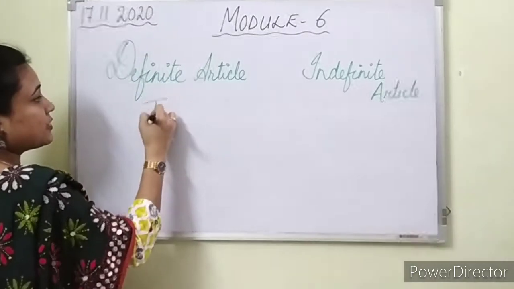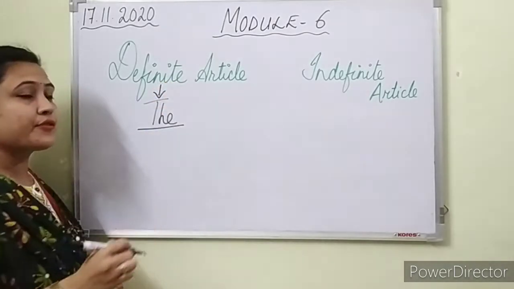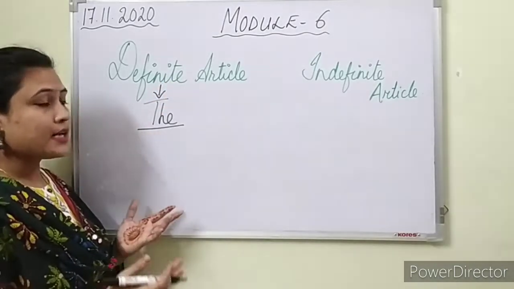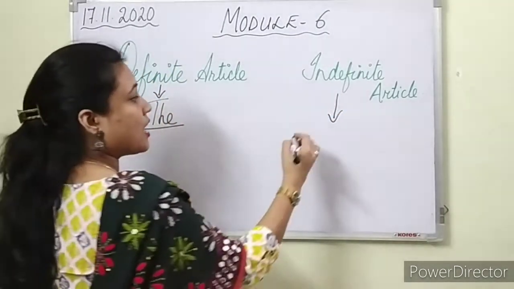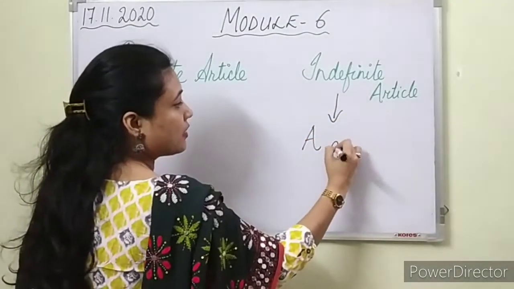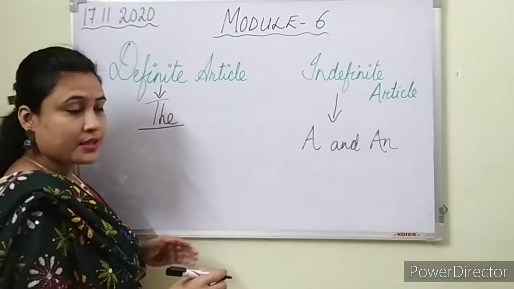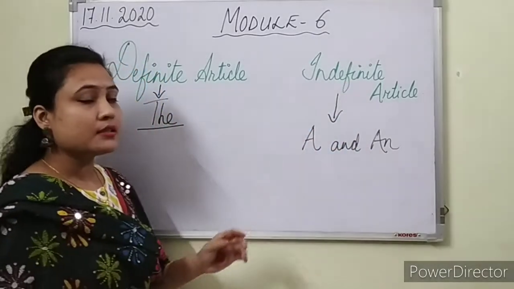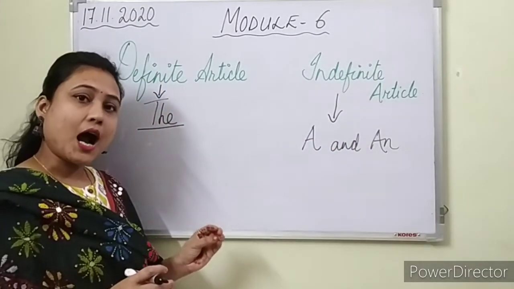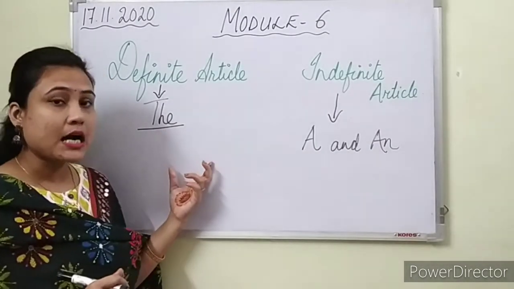The article the comes under the definite article; I'll tell you why. The indefinite articles are a and an. Got it? Article a and article an come under indefinite article.